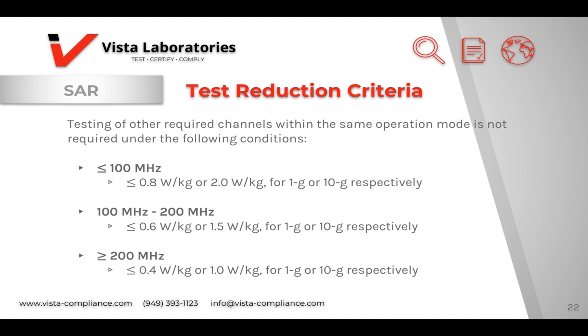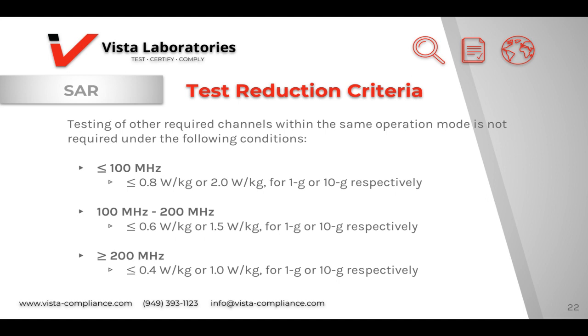This is for the mid-band and highest output power channel. For the transmission band less than or equal to 100 megahertz, for 1 gram and 10 gram SAR, if it's lower than 0.8 and 2.0 watts per kg. For the transmission band 100 to 200 megahertz, 0.6 and 1.5 watts per kg for 1 gram and 10 gram SAR.